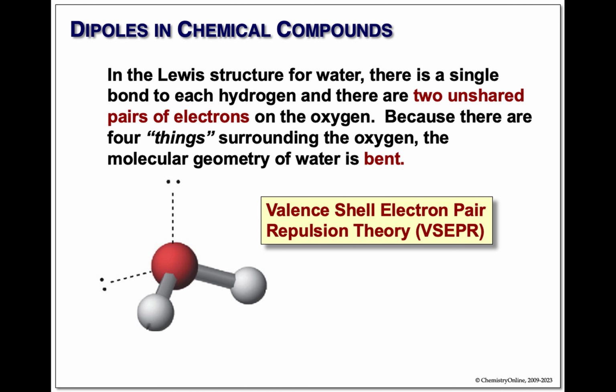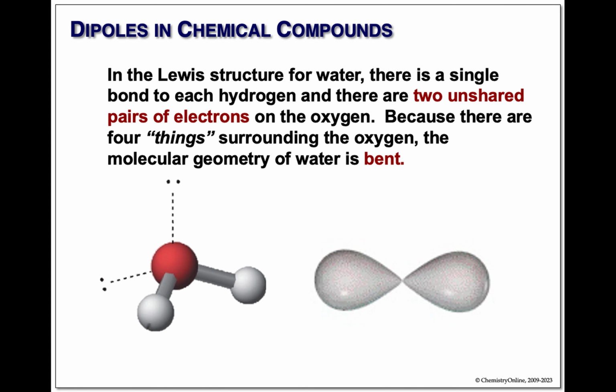Let's just do VSEPR very quickly. If we have a central atom here with 2 things attached, two covalent bonds or whatever, the way that these can get the furthest apart from each other, this is electron repulsion, is if this has linear geometry. This and this are as far apart as they can get.